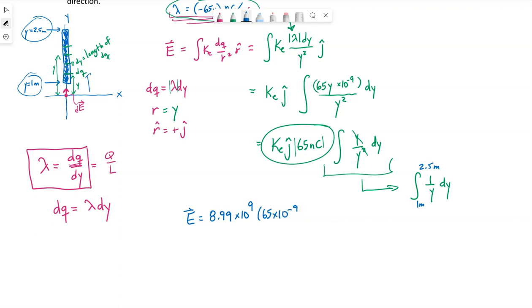So now I'm plugging numbers in. So I have my k, I have my 65 nanocoulombs, j hat. I now have my integral of 1 over y dy. So that's the natural log of y. And we need to put in our limits.